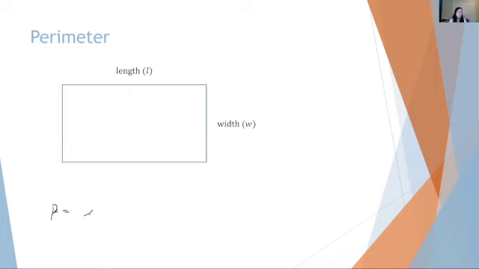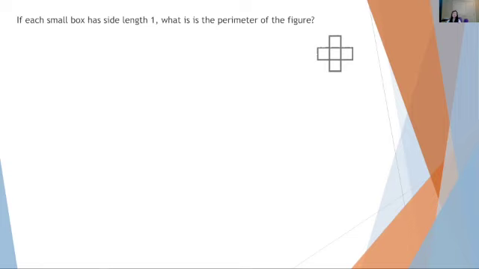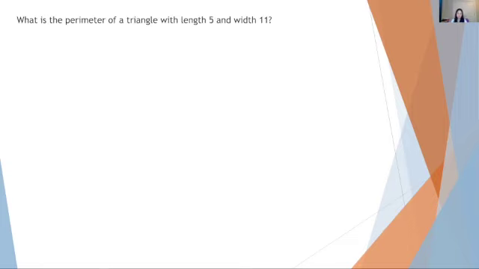So in this case, it would be length plus width, and then once more on these 2 sides, length plus width, which equals 2 length plus 2 width.